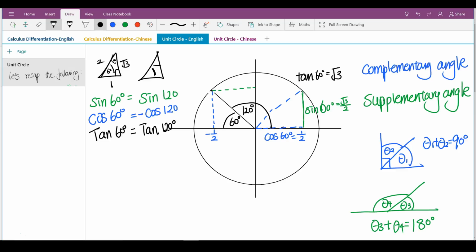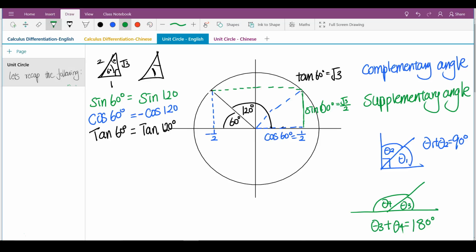Remember, tan is sine theta over cosine theta. The sine theta value did not change. It's still root 3 over 2, just like here. But the cosine value has changed. Instead of half, it has changed to negative half.